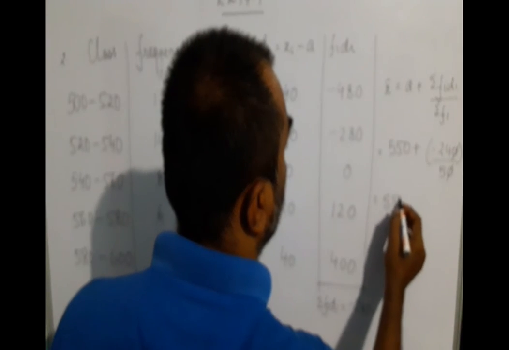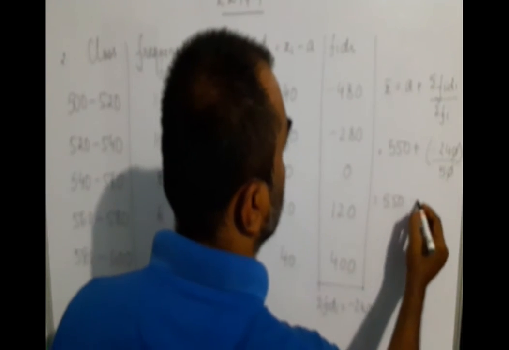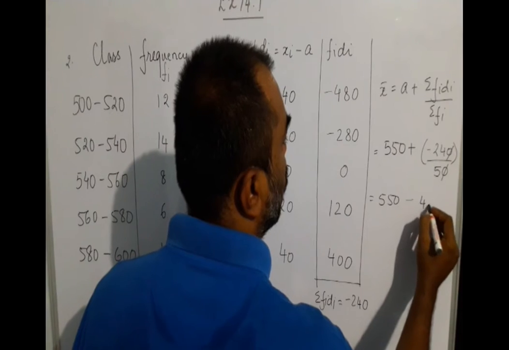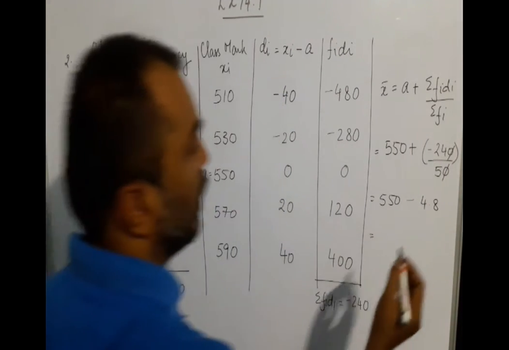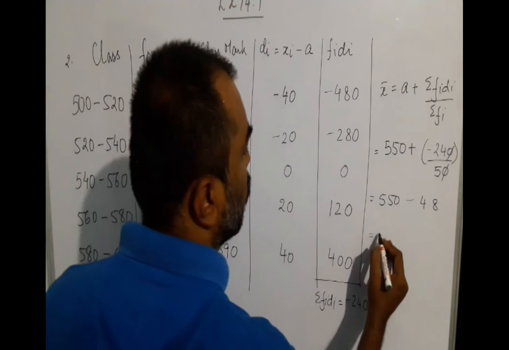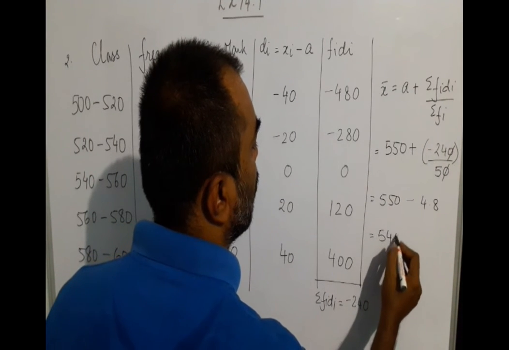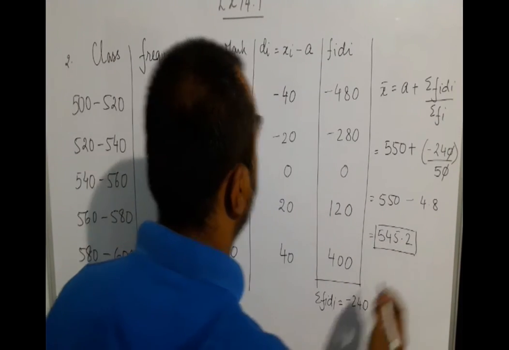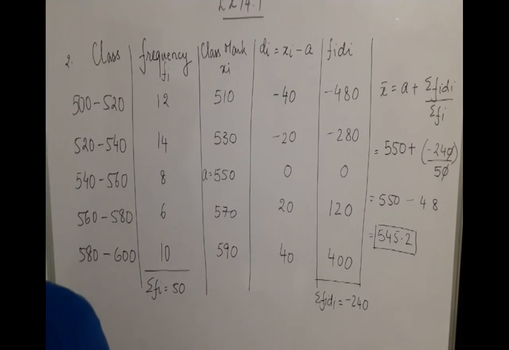So we get 550 plus minus 24 divided by 5, which is minus 4.8, and 550 minus 4.8 will give you how much? 545.2. So this is the mean of the workers. Again, which method have we used here? We have used the assumed mean method.